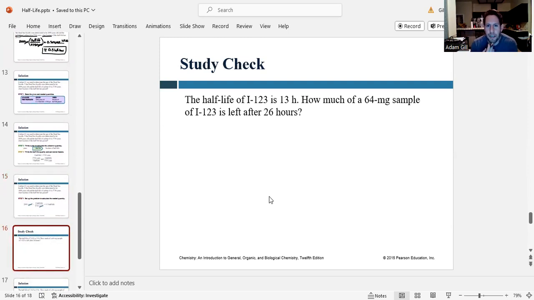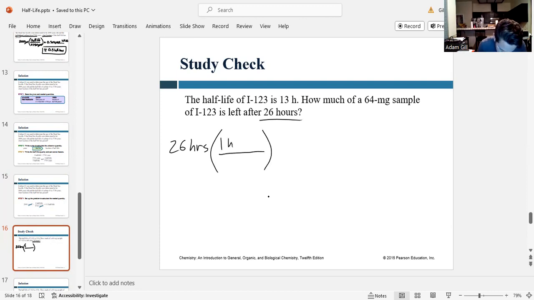The half-life of iodine-123 is 13 hours. How much of a 64 milligram sample of iodine-123 is left after 26 hours? Well, let's start with the total time, 26 hours. And we want to figure out how many half-lives that is. So we're going to insert a conversion factor.